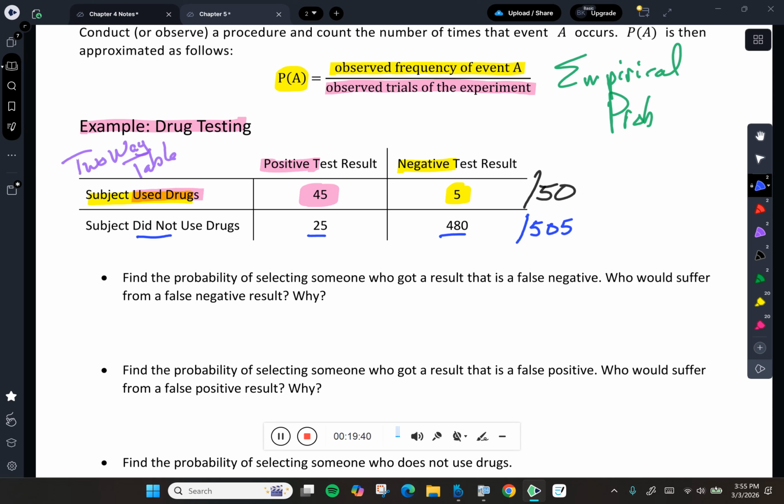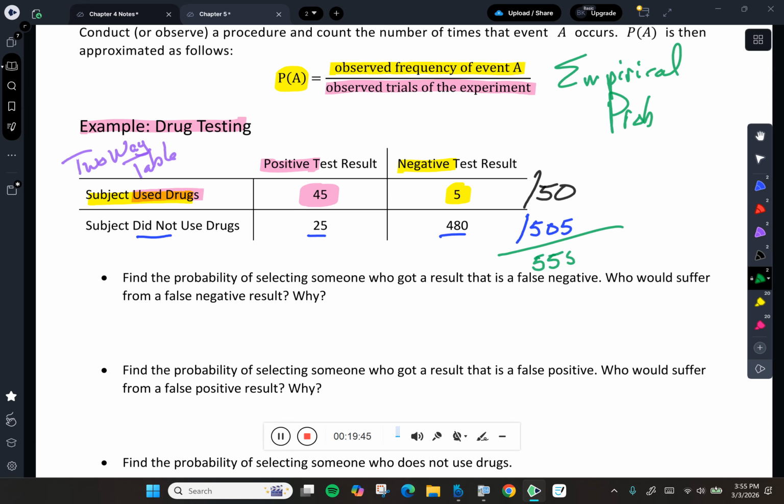Could we also say that in total there were 555 people in this study? Could I say that there were 70 total people who tested positive, and 485 people who tested negative?